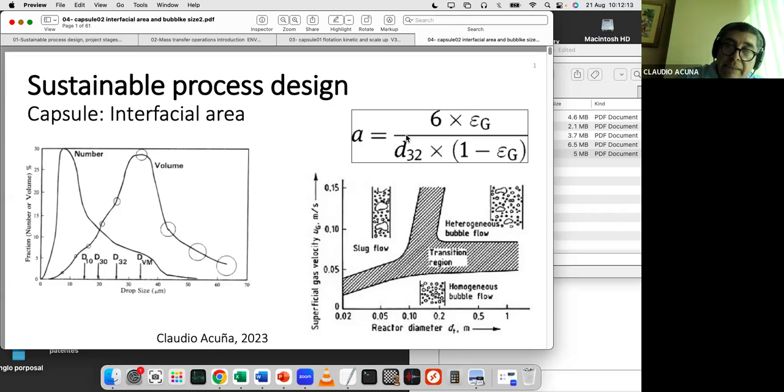We use Sauter diameter and the gas holdup. Or in a more generic form, it will be the volumetric fraction of the dispersed phase, which will be solid, the volumetric fraction of solid, and also the particle size distribution. We like to use D32. We will be talking about number distribution, volumetric distribution, and some criteria for gas bubble systems.